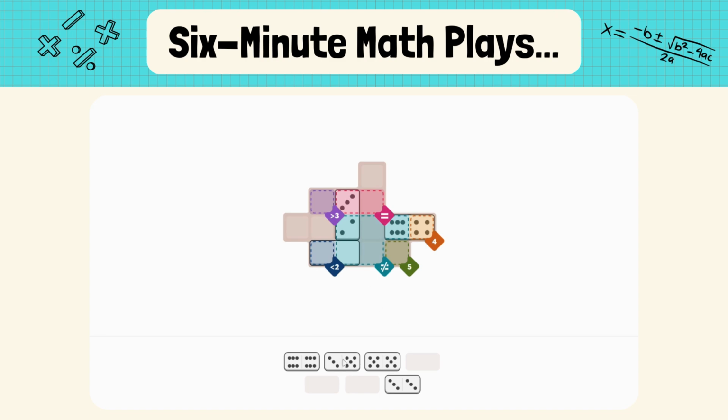I can make that a 5. That's not going to work because that won't equal up top. The less than 3, that actually has to be the 2. So that's going to be there. That's going to give me 2 equals there. So I think that's going to be there.